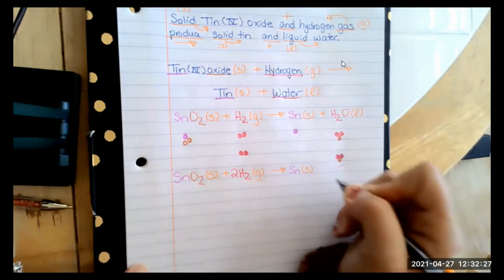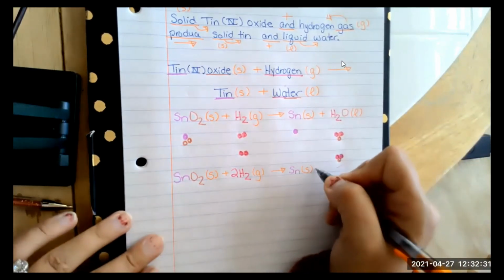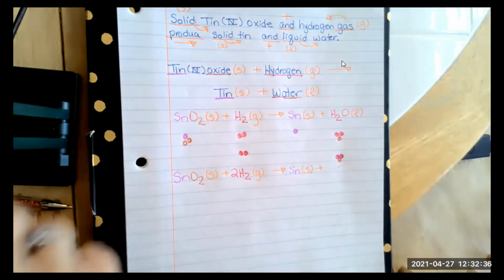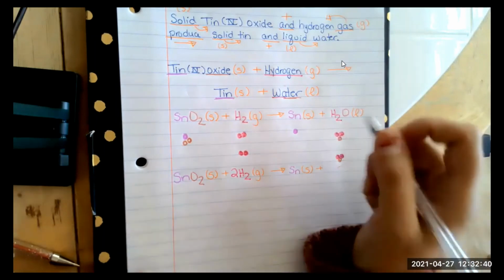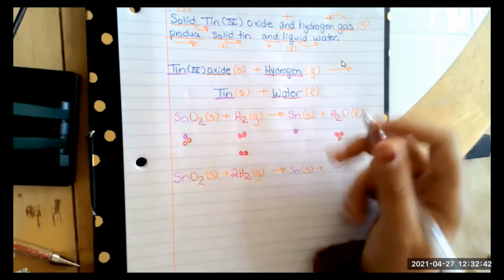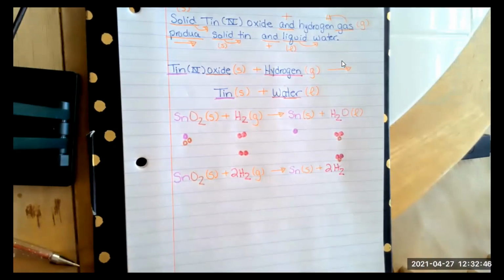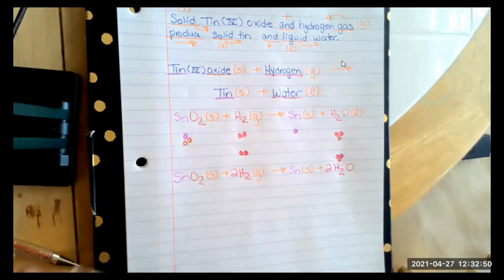And then over here, I have 2 of the water molecules. You write that 2 as a coefficient because you have 2 whole of those molecules. The coefficients tell you how many of each you have, not of the element, but of the whole compound. So you have 2 H2O. And don't forget to go ahead and write your states of matter.